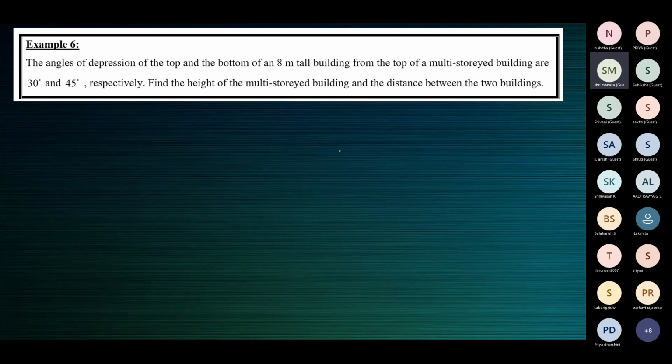From the top of a multi-storied building, we are looking at the top and the bottom of the 8-meter building. Now, which is taller is the question. The multi-storied building is taller because your angles are measured with angles of depression. You're looking down, so the 8-meter tall building is at a lower level than your position.